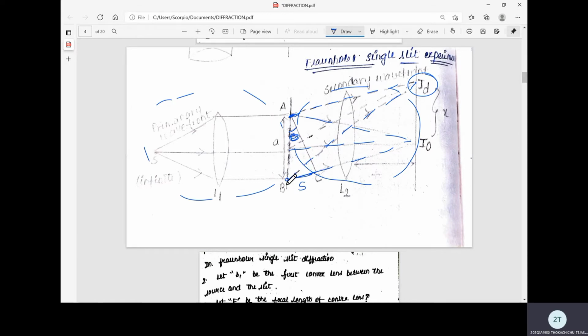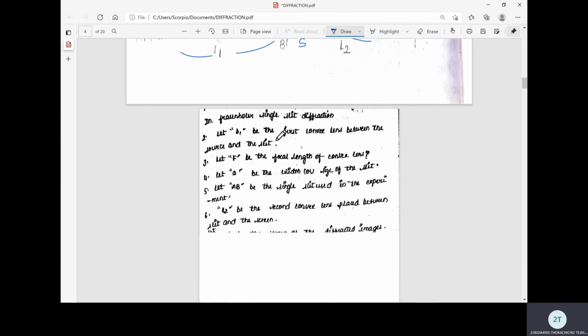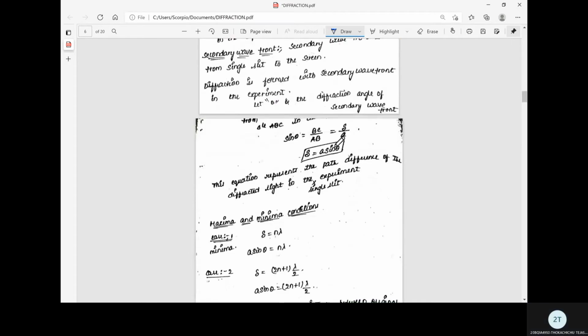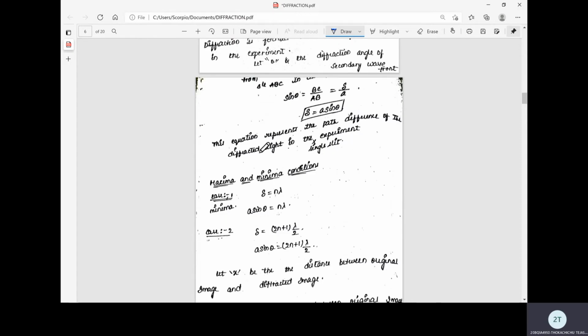This is the right angle, and the hypotenuse will be AB, which equals A units. So sine theta will be BC by AB, which equals S by A. From this we obtain that the path difference equals A sine theta. This equation represents the path difference of the diffracted light in our current single slit experiment.